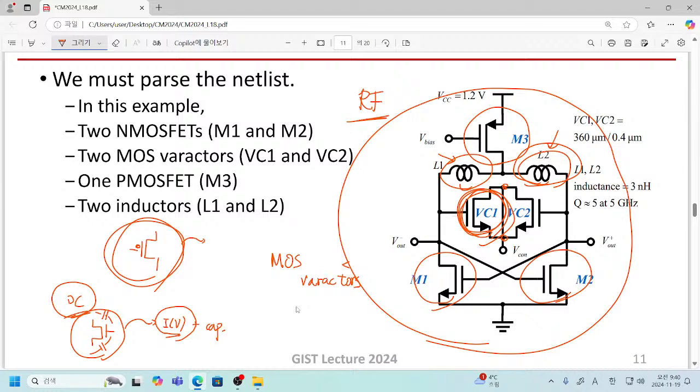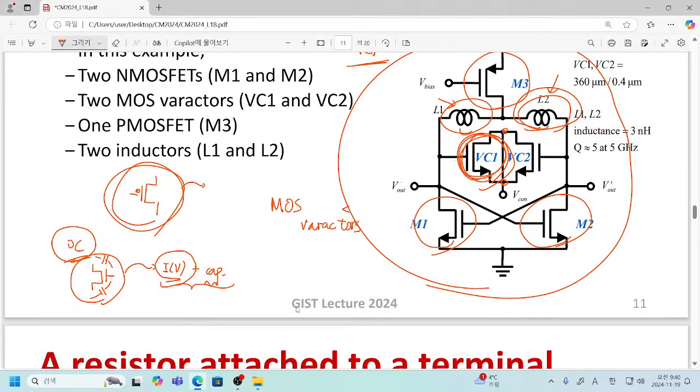All kinds of capacitive components can be added to make a much better model for our MOSFET. The point is, this kind of capacitive component, or sometimes resistive component, is really dependent on what? They are really dependent on the voltage condition. We also need a table for these parameters. Yes, we can do it.